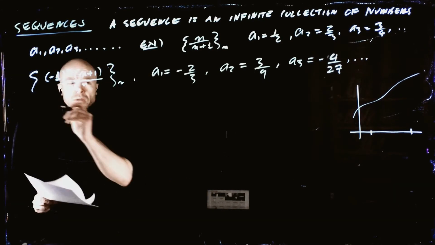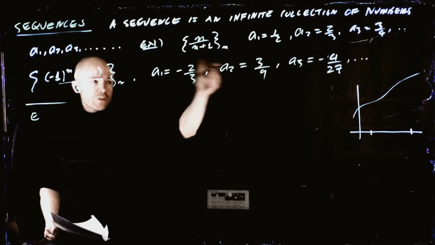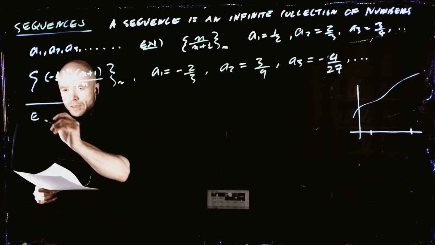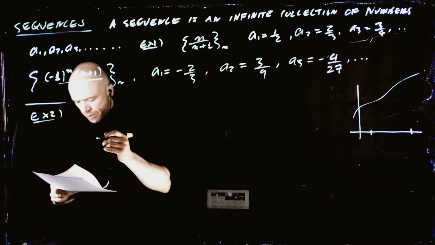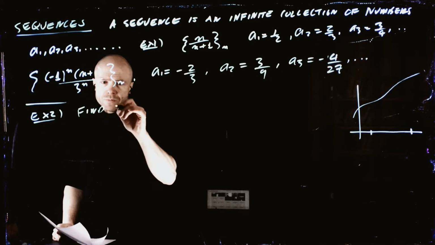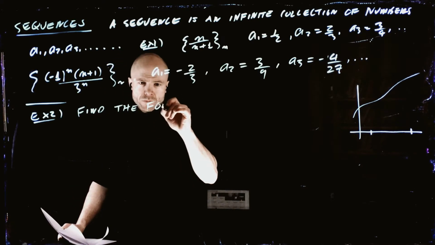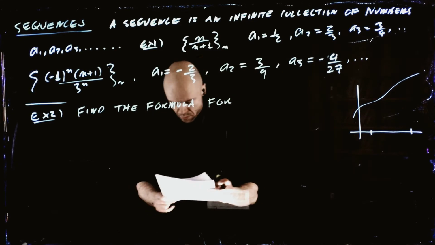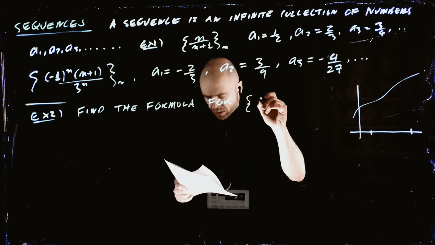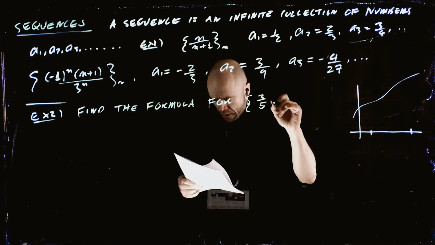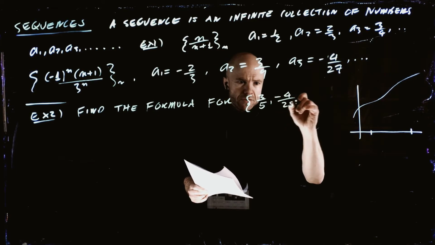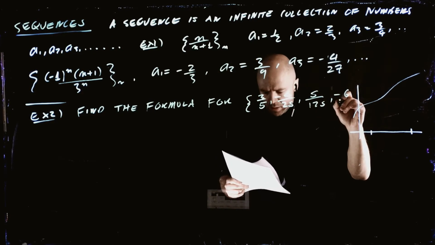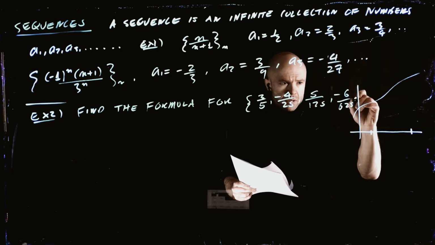Let's do a simple exercise like this. So sequences don't have to be defined via a formula in this way, but often they are. Here's the kind of question you might see. Find the formula for this sequence. The sequence that goes 3 over 5, minus 4 over 25, 5 over 125, minus 6 over 625, and so on.